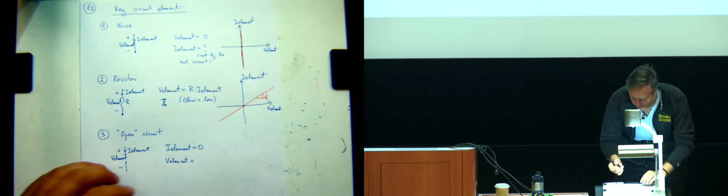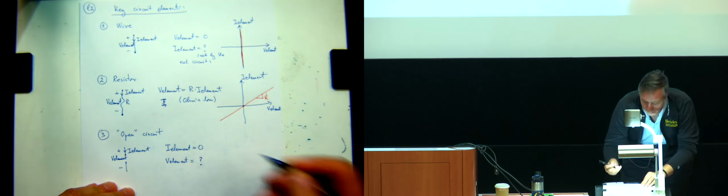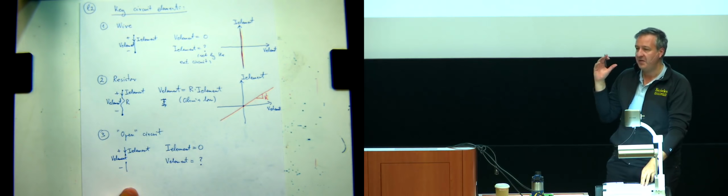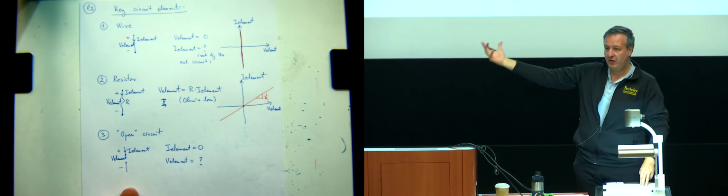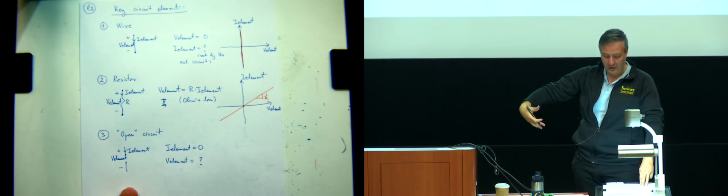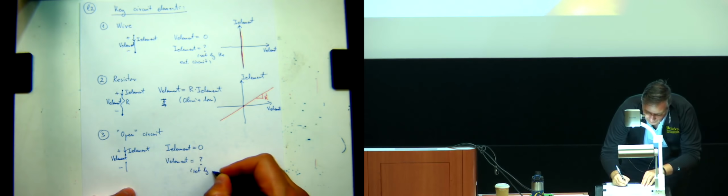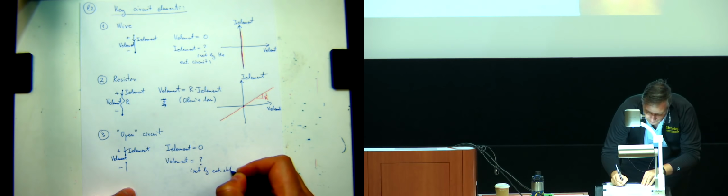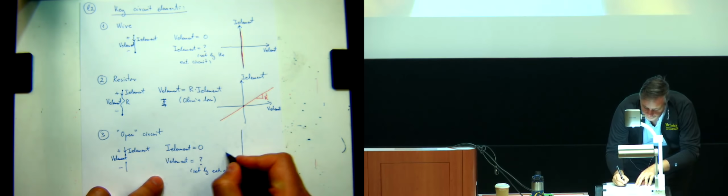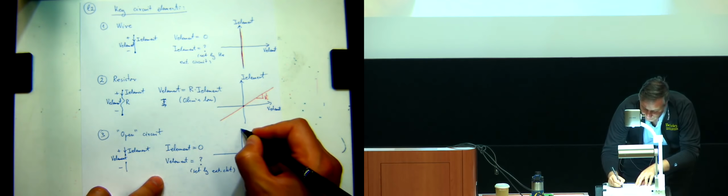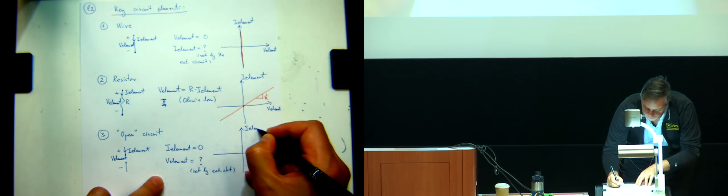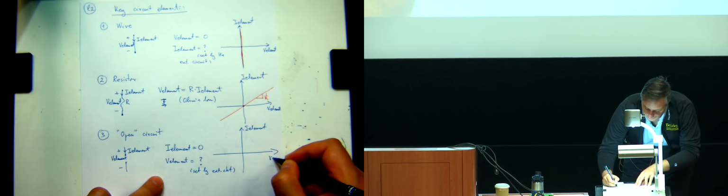So for this element, we're saying, okay, if you say open circuit, I don't know what the voltage is. It's whatever else sets it, but I know that current is 0, right? So this is set by external circuit. And we can again draw this I element, V element.